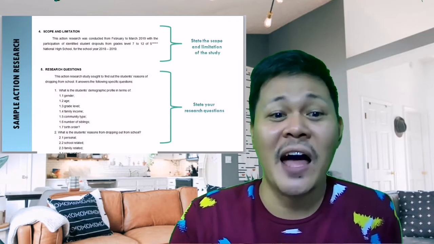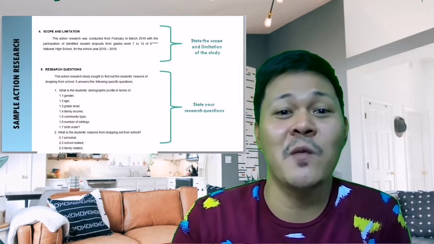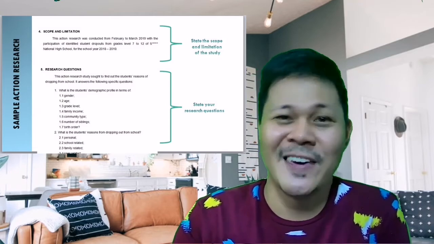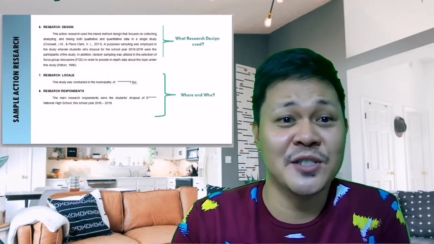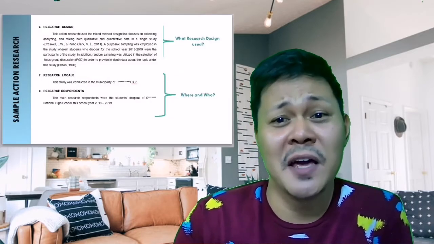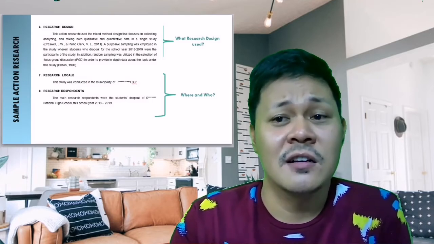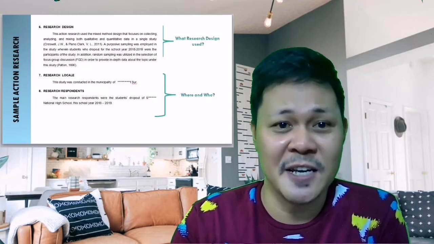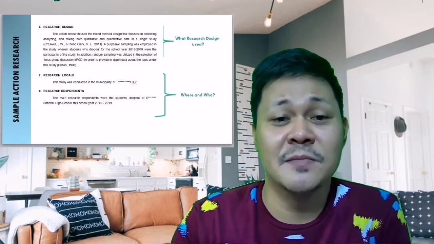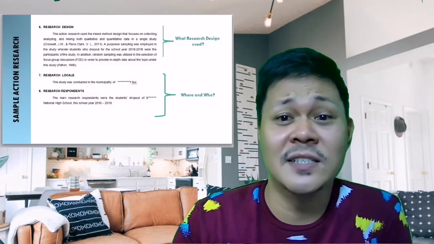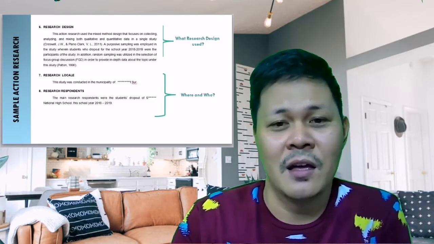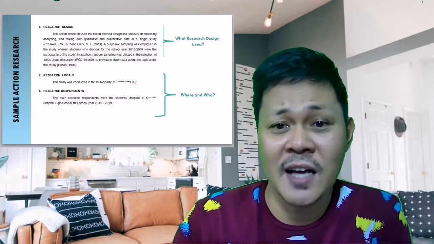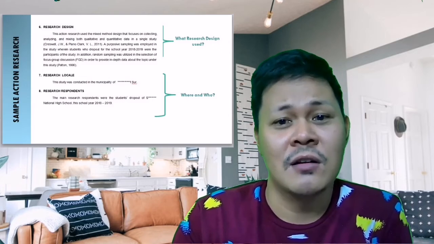So you are going to answer them one by one, each question. Okay, next is the research design. You are going to explain in this part the research design that you use in this study. It could be mixed method, qualitative, or quantitative research design. You can also state what sampling design you use.